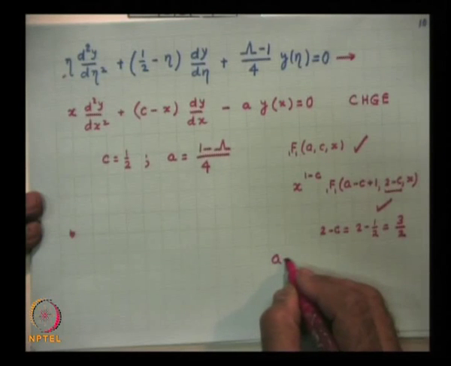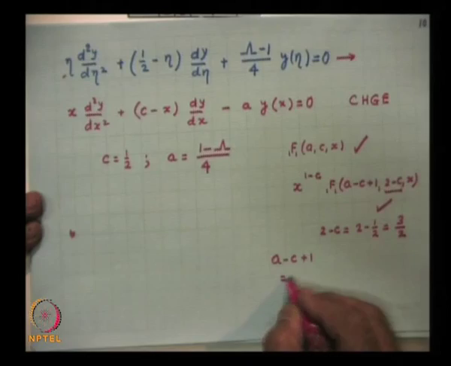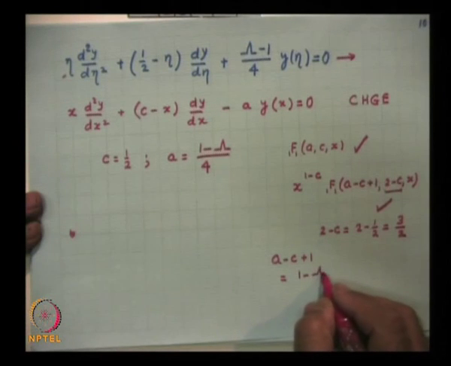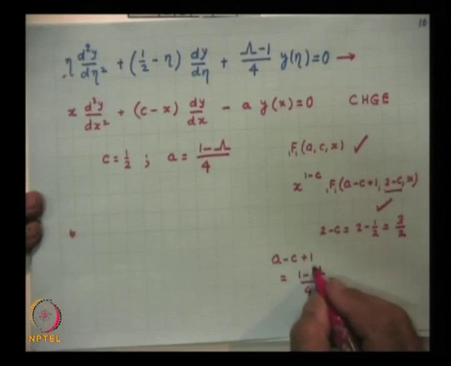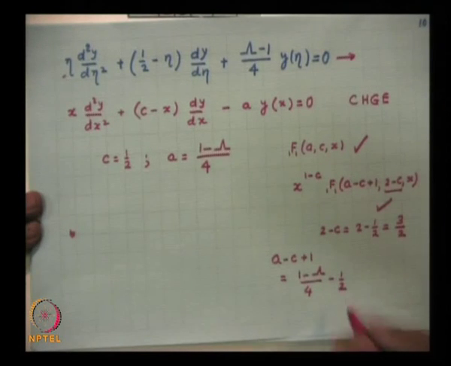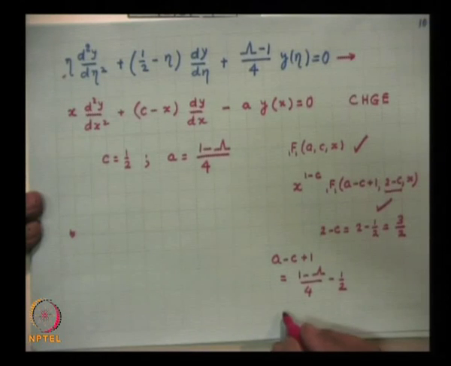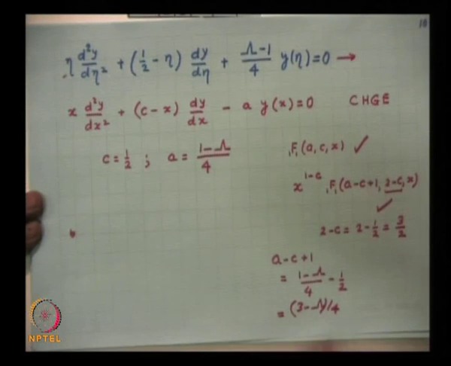and a minus c plus 1 is equal to, a is 1 minus lambda by 4 minus half plus 1. So, that is minus a half. So, this will be 3 minus lambda by 4, 3 minus lambda by 4.